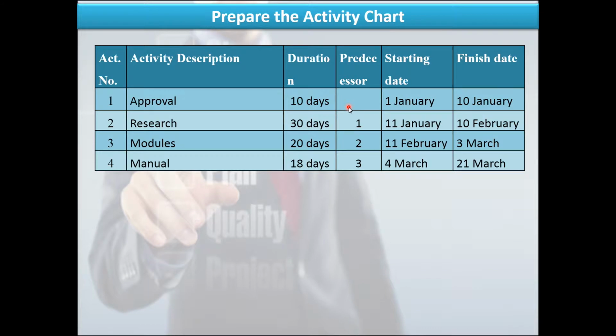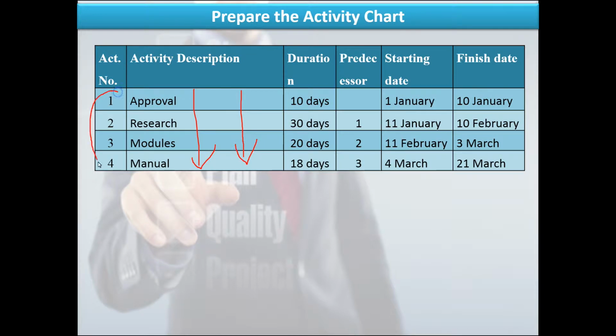We start activity scheduling by preparing an activity chart. On the activity chart, I list the different activities that we will perform in the project. I try to do so in the sequence in which they will be performed.